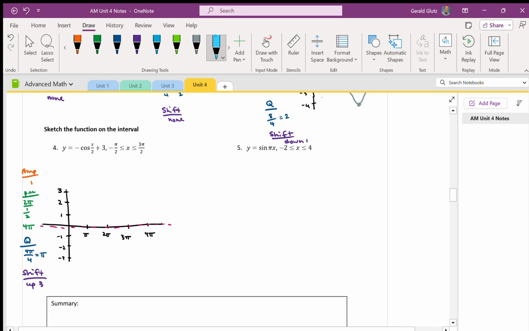So normally I would start cosine at 0, 1, but because our amplitude is 3, I want to go up to 3, but this is a negative, so that means I'm going to start down below here at 0, -3. So this negative a value just means my graph is flipped from what it normally is. So as I move right, I have to go the amplitude distance, so this time up 3, and I would go up 3 again, and then down 3 back to the midline, and then finally down 3 again to get back to the minimum.